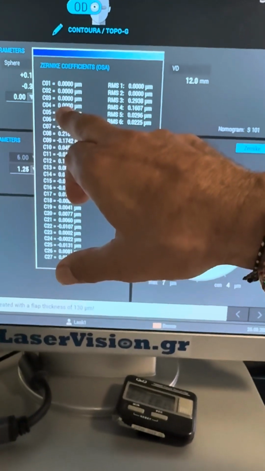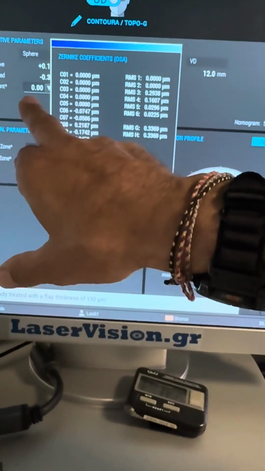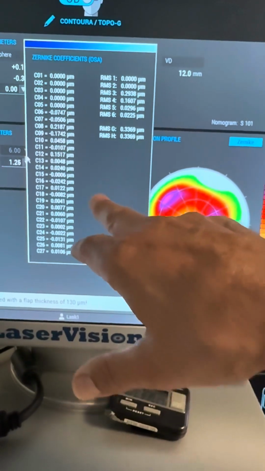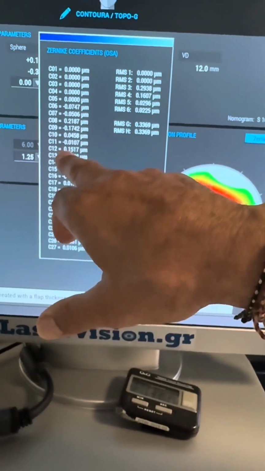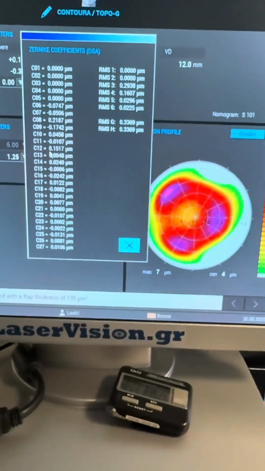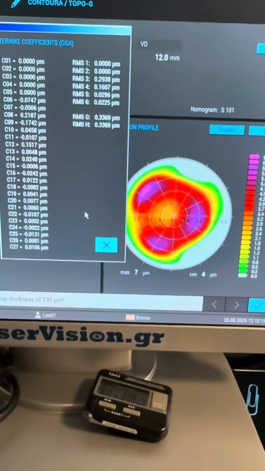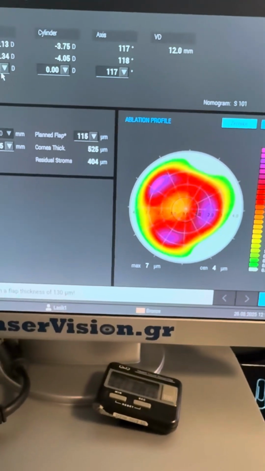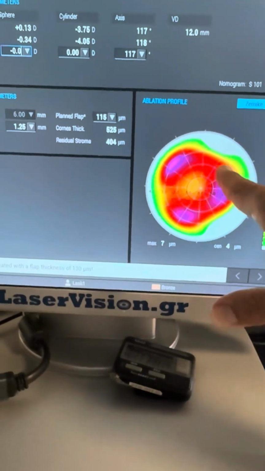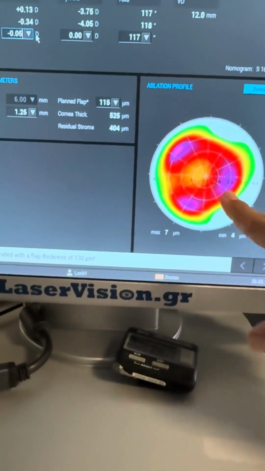So we see here C4 is 0 because myopia is 0. But C12, let's go back and look at the C12. C12 is 0.15. So we're going to start adding arbitrary myopia to the treatment, and this will calculate for us the myopic shift that this topography-guided fix will create.